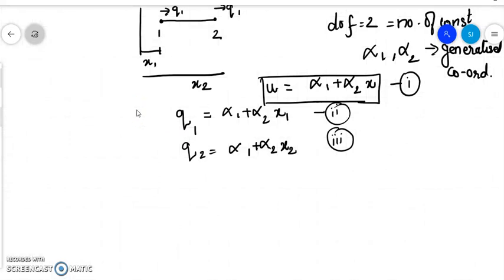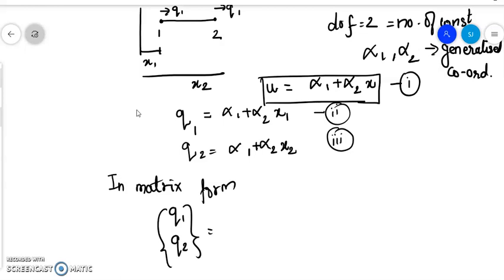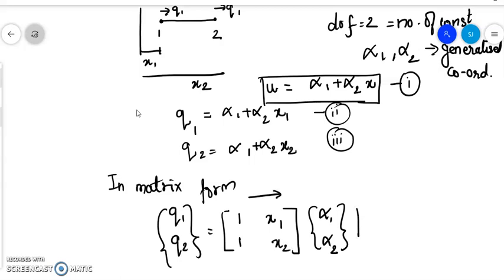Now if I want to write this in matrix form, it would be q1, q2. In the vector we will write the terms which are common in both these equations. What is common in both is alpha 1 and alpha 2. So when we multiply this matrix with this vector, we should get these two equations.